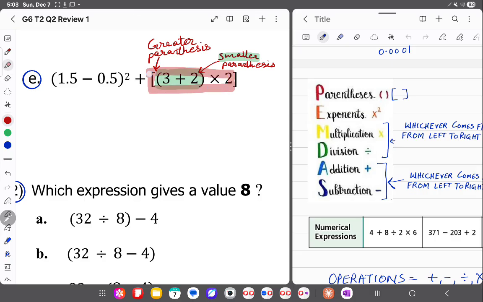In a question where we have smaller and greater parentheses, we solve the smaller parentheses first and then solve the greater parentheses. Here we have two small parentheses, so we can solve both of them at a time, because it won't make a difference. It will still be the same answer.